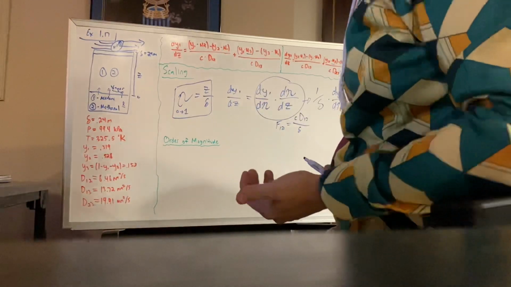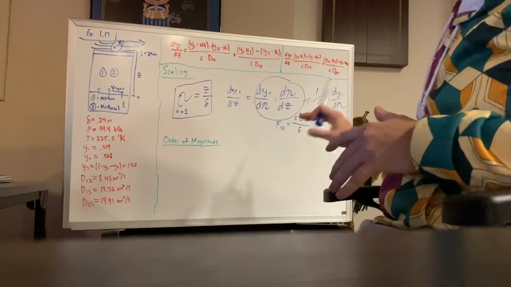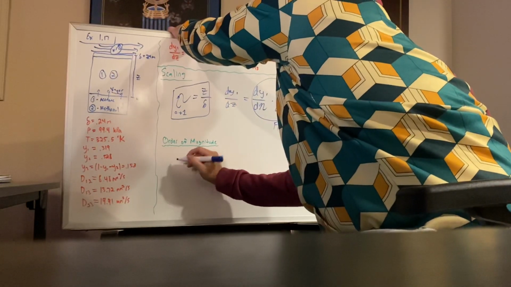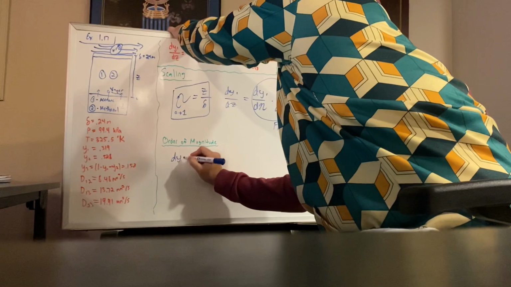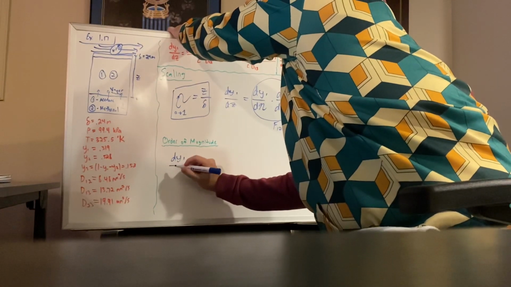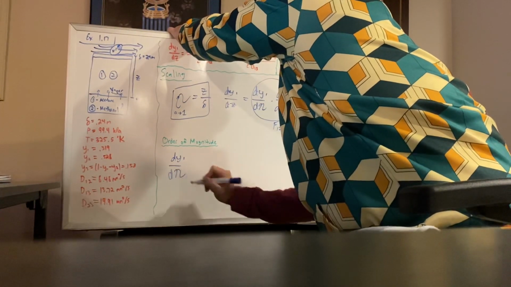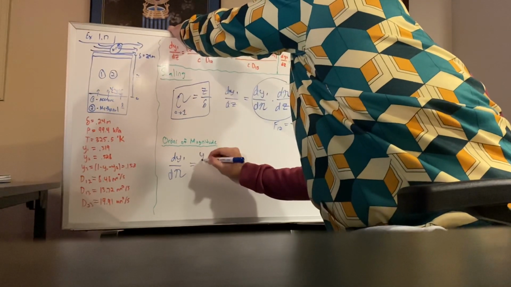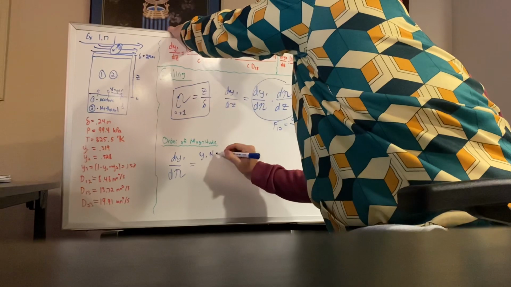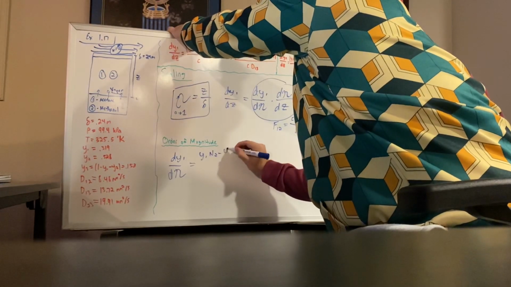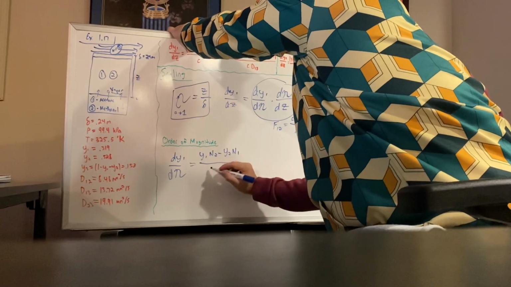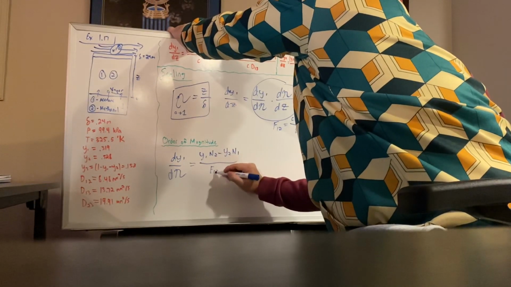And so now that we're looking at this, we can rewrite the equation as dy1 over d eta equal to y1 N2 minus y2 N1 all over F12.